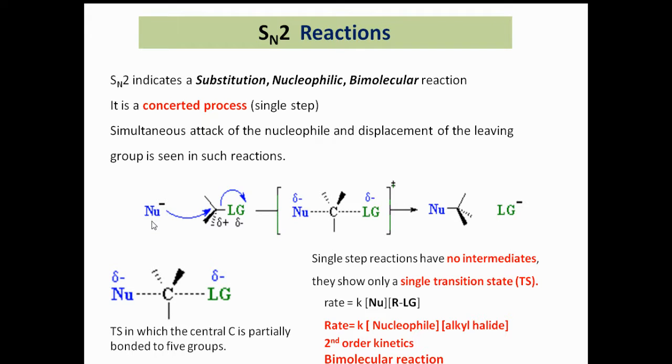It is following second order kinetics and it is a bimolecular reaction. Why bimolecular? Because two molecules are involved, that is the nucleophile and the alkyl halide. So SN2 reactions are concerted reactions where only a single transition state is seen.